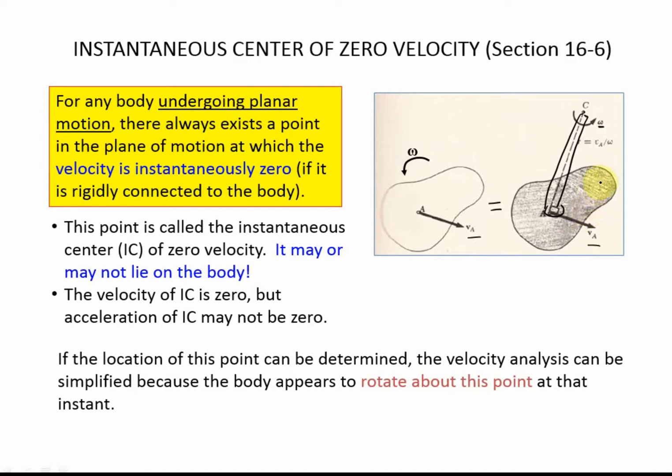So it's a very interesting concept. Then this C is called the instantaneous center of zero velocity because it doesn't have any translation motion. It has only pure rotation about the C. So at this instant, the velocity of C should be 0. So once you find any point that has instantaneous zero velocity, we can analyze your motion as if your rigid body is rotating about that point.